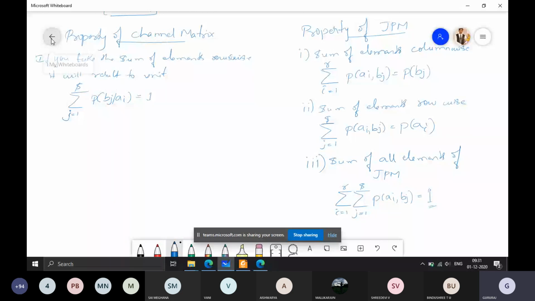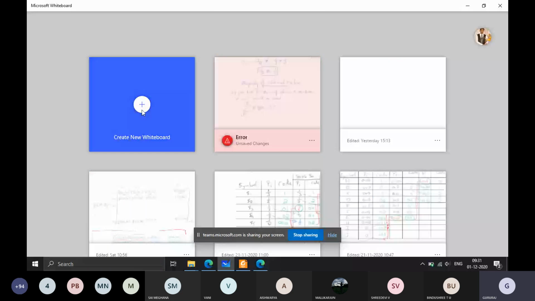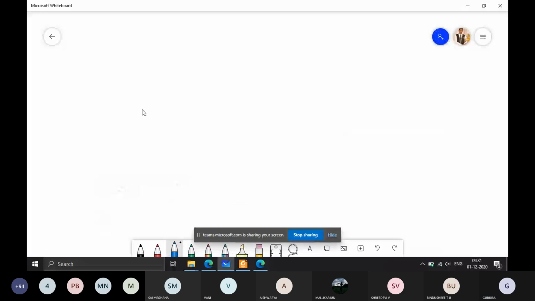As I told you, write down these formulas somewhere and go through them daily so that they are easy to remember, because there are input conditional probabilities as well as output conditional probabilities in the formulas and matrices. So you don't get confused about where to write the input conditional probability and where to write the output conditional probability.